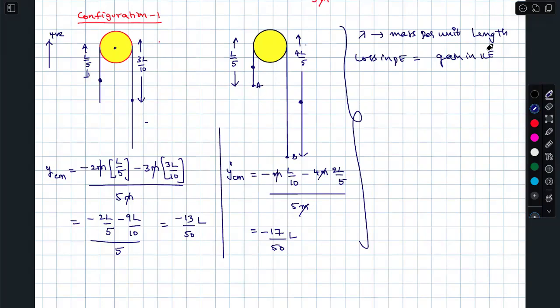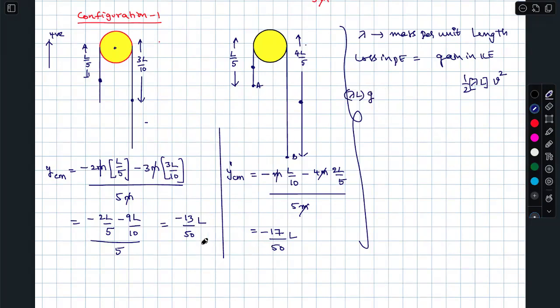The total length is L, so this is half lambda L V square. Loss in potential energy is lambda L times g times the displacement.